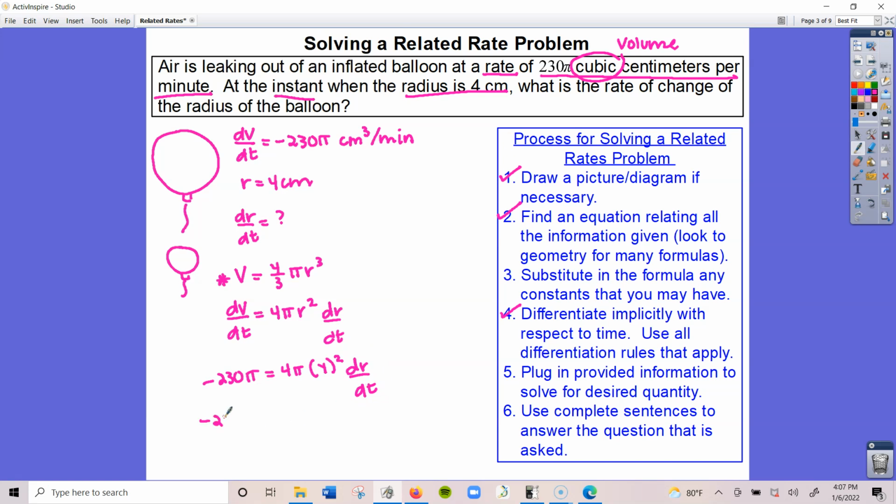So negative 230 pi is going to equal 4 pi times 4 squared, which is 16, and 16 times 4 pi is 64 pi dr/dt. To solve for dr/dt, I'm going to divide by 64 pi.